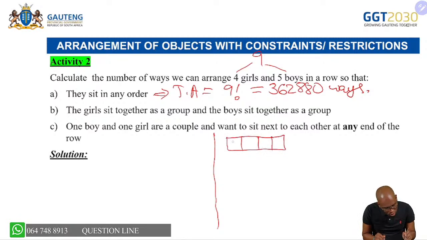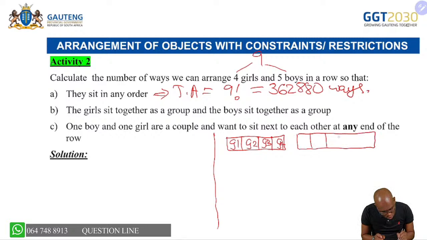There are 4, so it will be girl 1, girl 2, girl 3, and girl number 4, because they sit in a group. The boys do the same. 5 of them, boy 1, boy 2, boy 3, boy 4, and boy number 5.